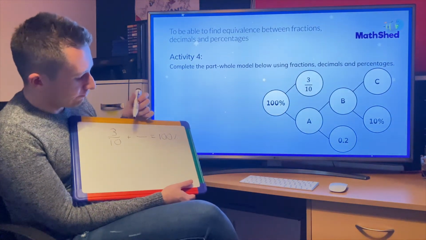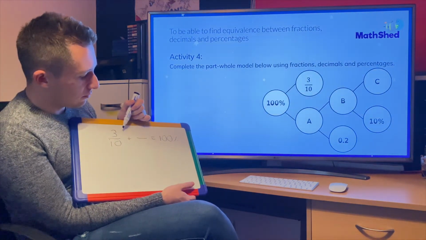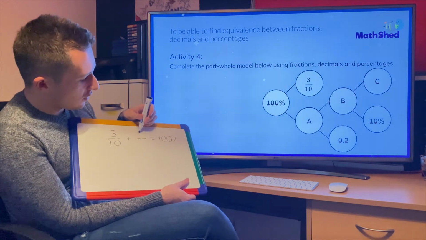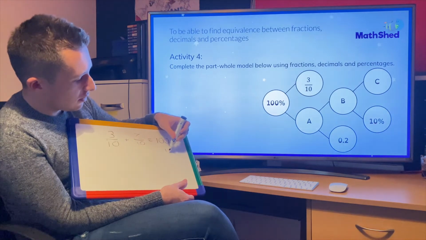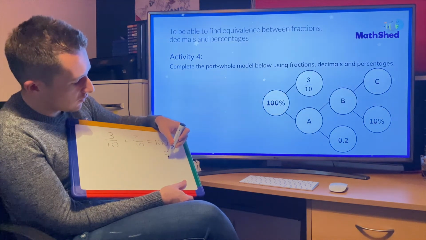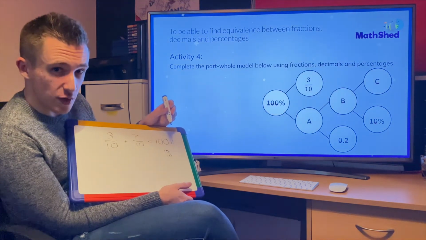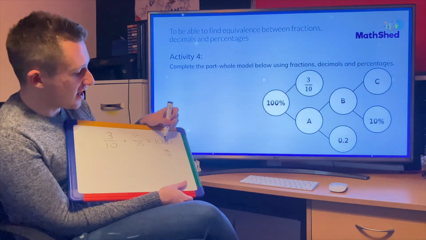Well, 3/10 add 7/10 would give me 10/10. 10 over 10 is the same as 100%.